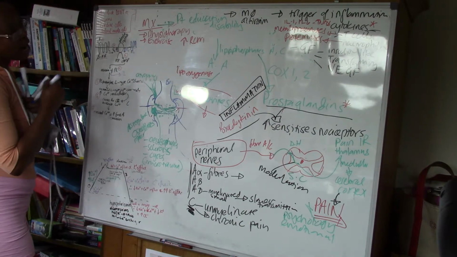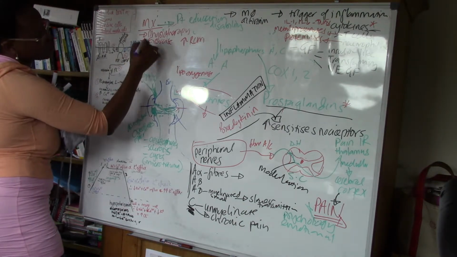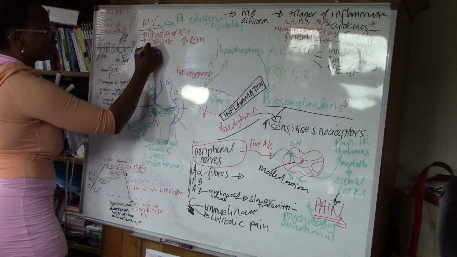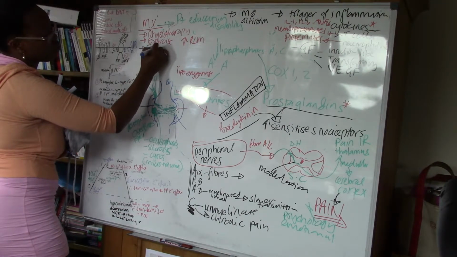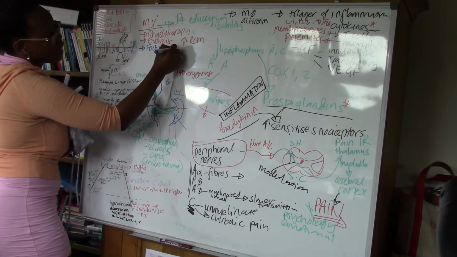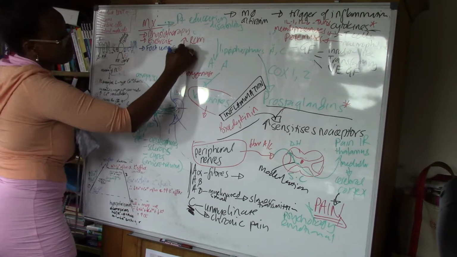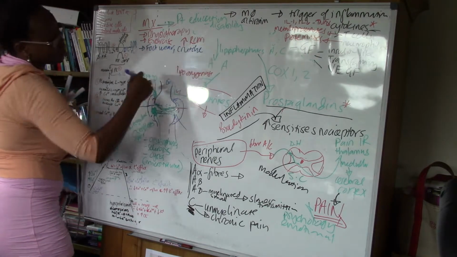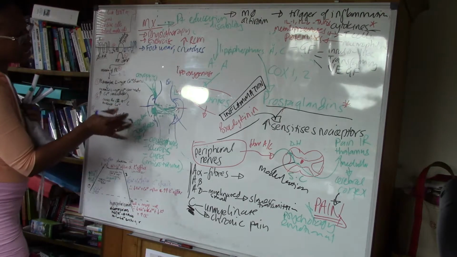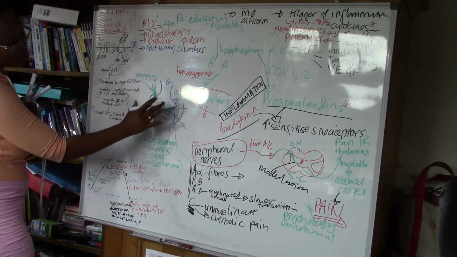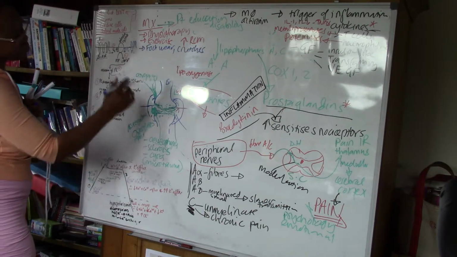And then the non-pharmacological aspects again will include things like footwear, and perhaps using crutches if it's a knee, and other joint supporters, braces, just to protect the joint.